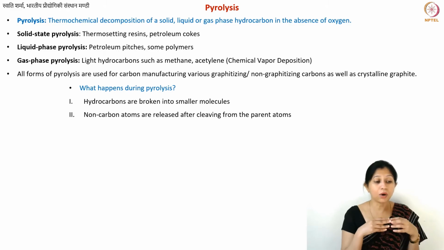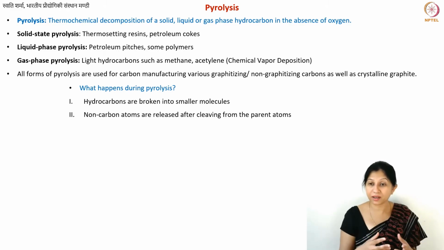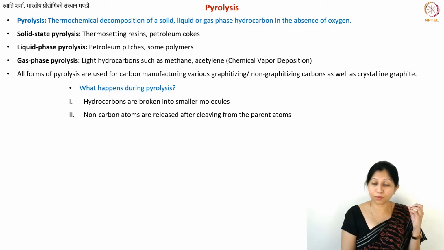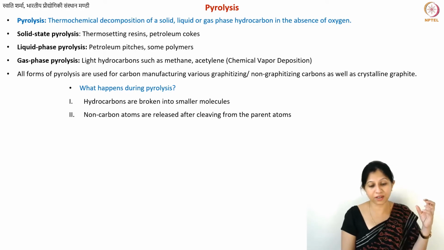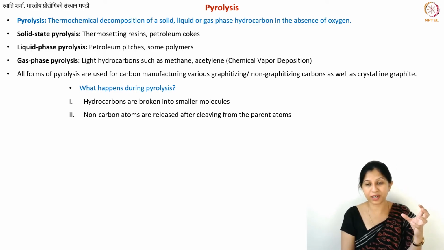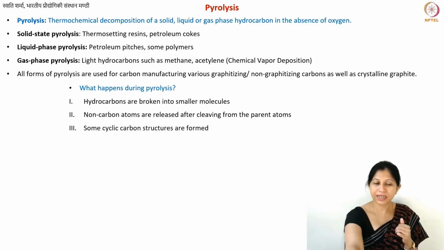And you may sometimes also have non-carbon atoms just being released in the form of some gases. This will also happen in the case of polymer pyrolysis. When you have this fragmentation process, at some point whatever is a very volatile hydrocarbon, typically the much lighter ones, will leave your material. Okay, these things are happening.